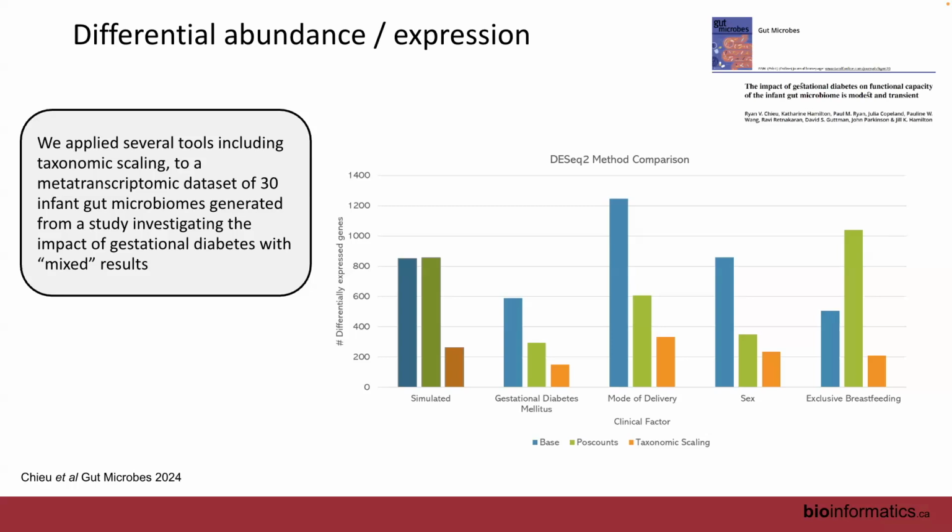And so we applied taxon-specific scaling, that's the bars in orange, and then we also used DESeq2 using the raw counts and the baseline kind of difference as well. And the thing I want to highlight here is those sort of 3 bars on the left-hand side. That is what happens if you take your data set and you just scramble up all the labels.